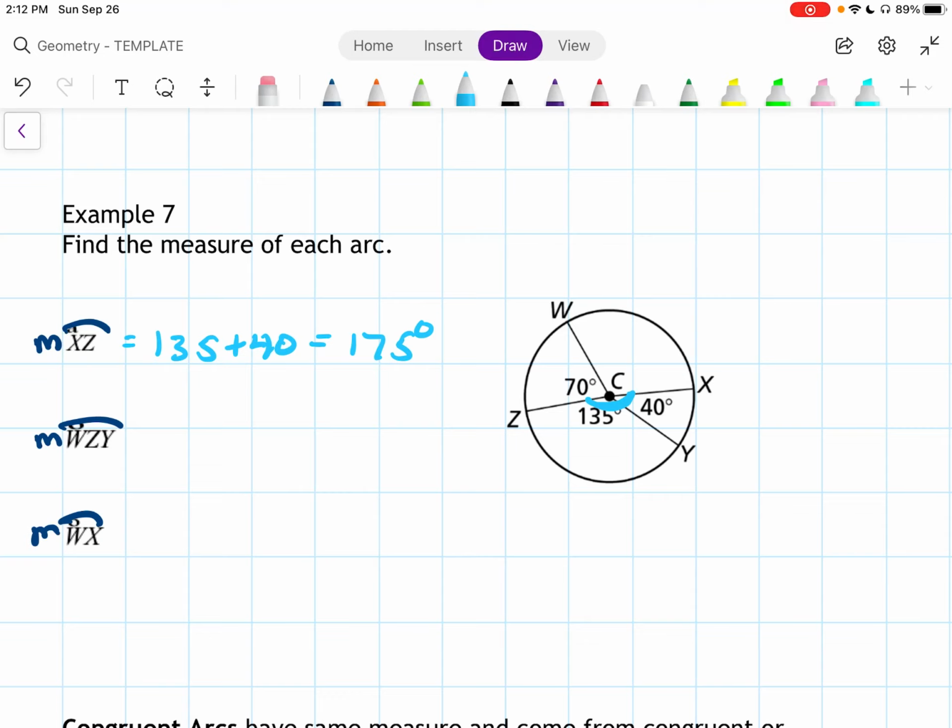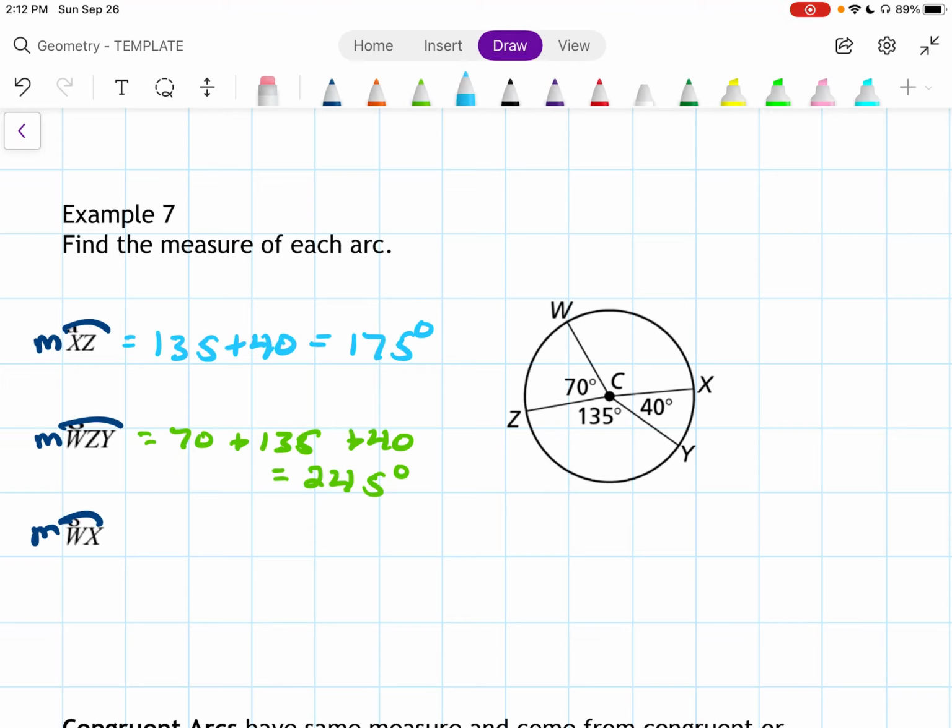Measure of arc WZX is that piece there. So that's going to be 70 plus 135 plus 40. Let me erase this here. And whenever I type that in, I get 245 degrees.